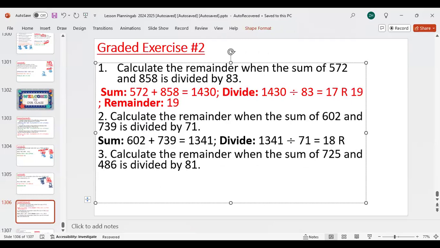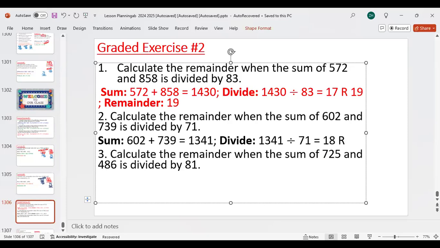63. 63? Yes, sir. 1341 divided by 71. So you got 18 as a quotient and the remainder is 63.